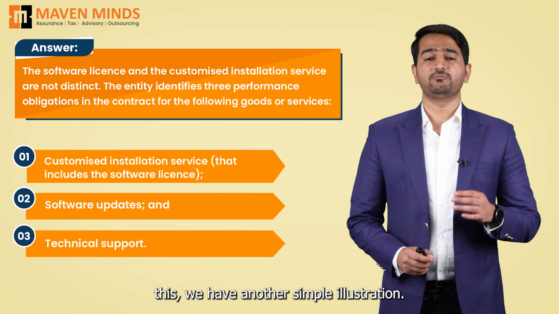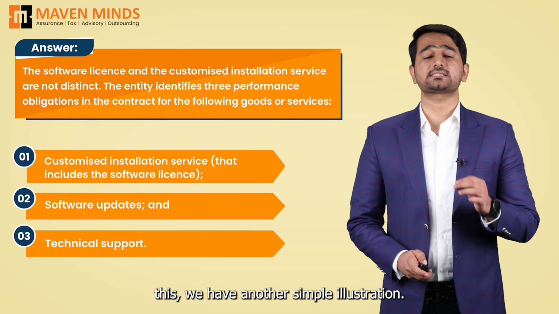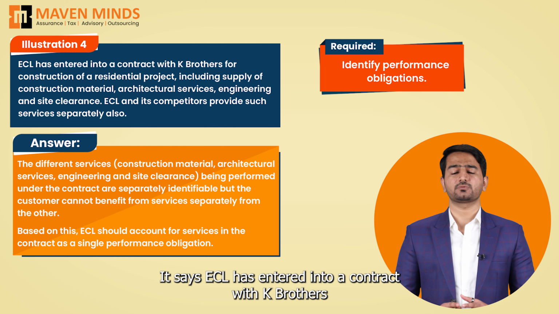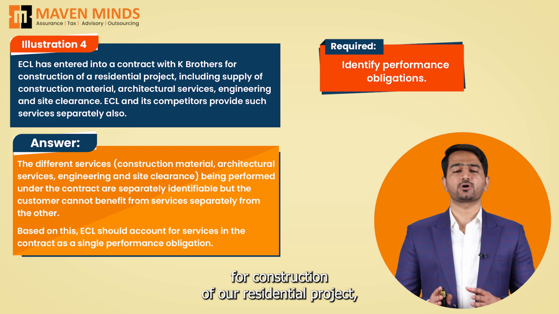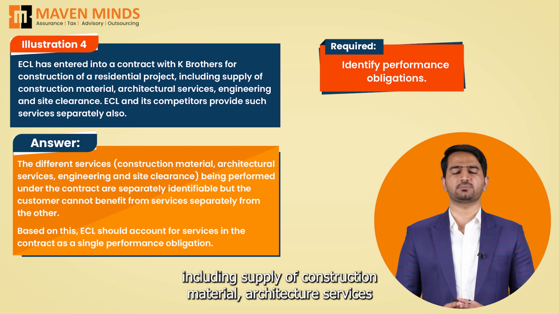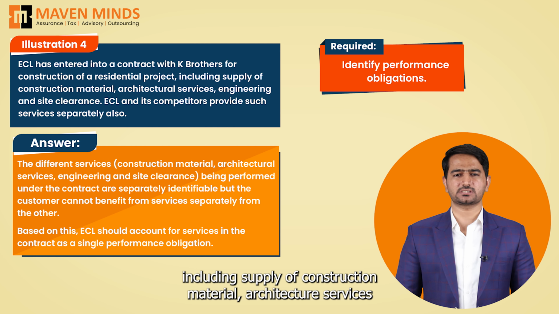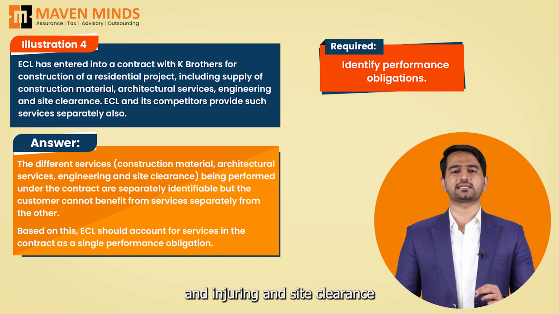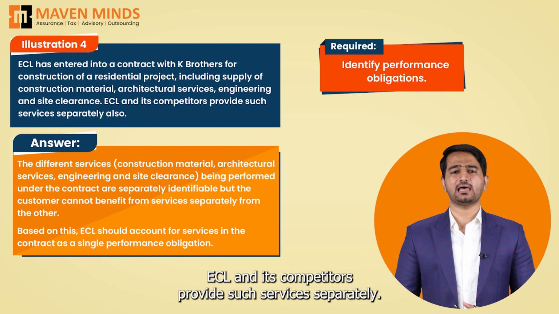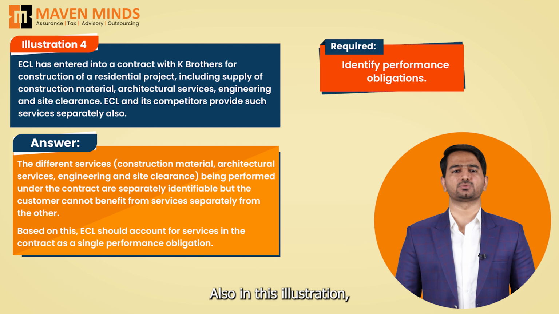After this, we have another simple illustration. It says ECL has entered into a contract with K Brothers for construction of a residential project including supply of construction material, architectural services and engineering and site clearance. ECL and its competitors provide such services separately also.